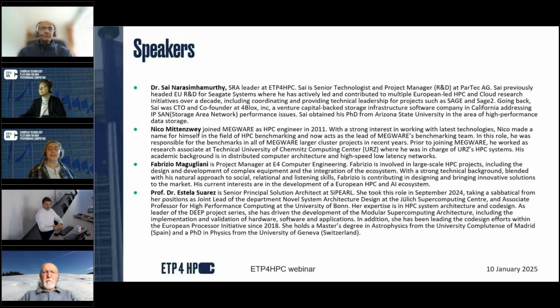We also have Nico Mittenzwey from Megware, and Fabrizio Magugliani from E4. Nico and Fabrizio were co-leaders for this system architecture white paper, together with Estela Suarez. Estela will not be here today, but we wanted to mention her among the speakers as she was a very important contributor to this white paper.